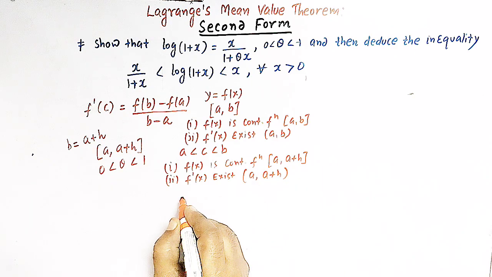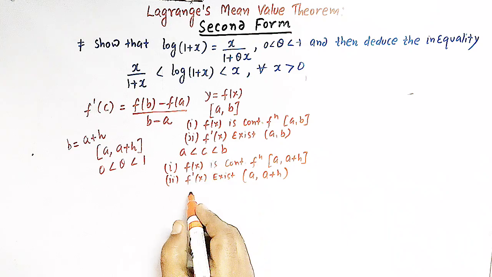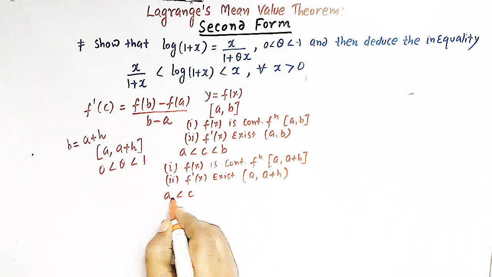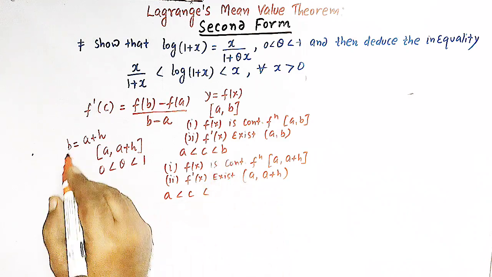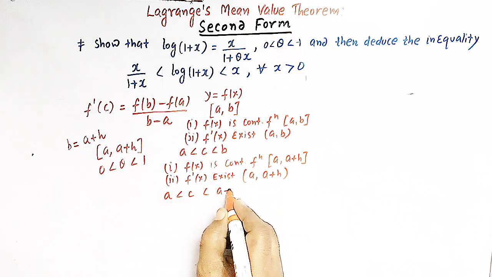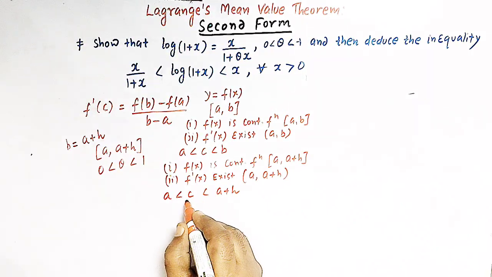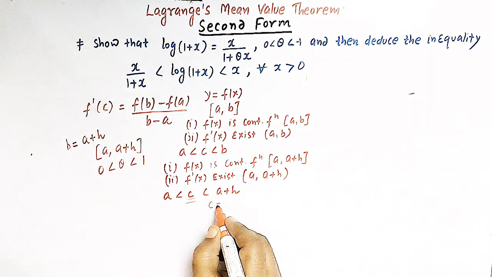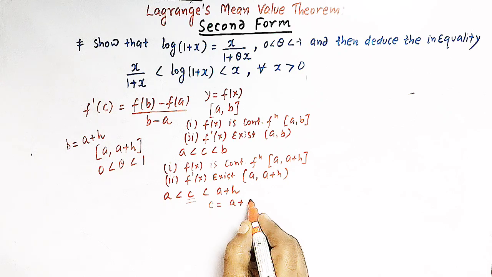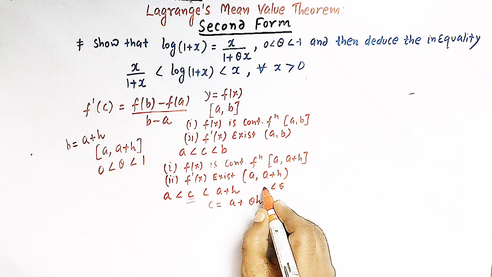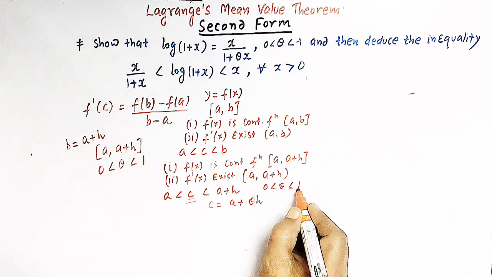Then there must exist a point c, which lies between a and b. So here b is a plus h. Right? So now this number c is given by a plus theta h, where theta lies between 0 and 1.